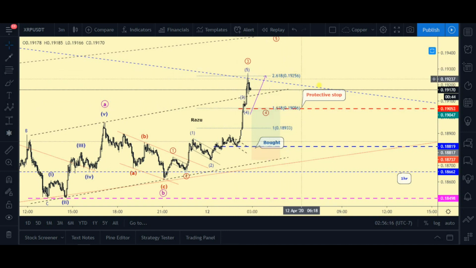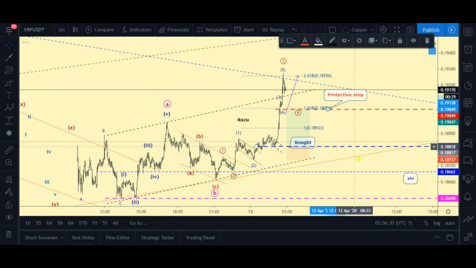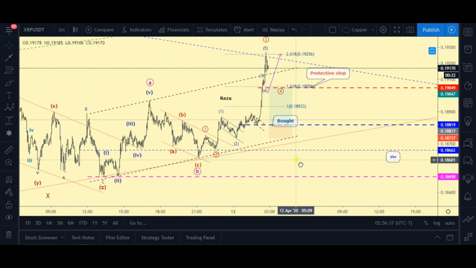So I moved my protective stop up to this level here, just a little bit below 161.8%. So if the price goes below this, I book my profit. So our buying point was here, and we already are 3% almost in profit.